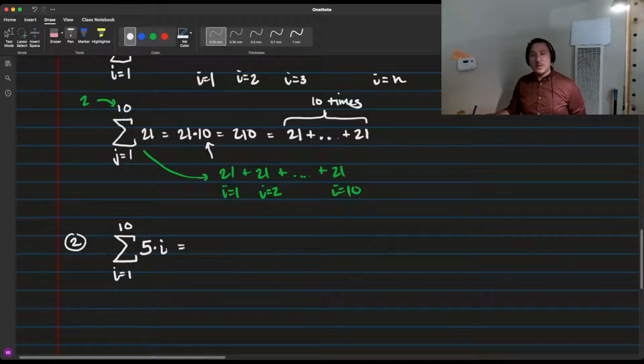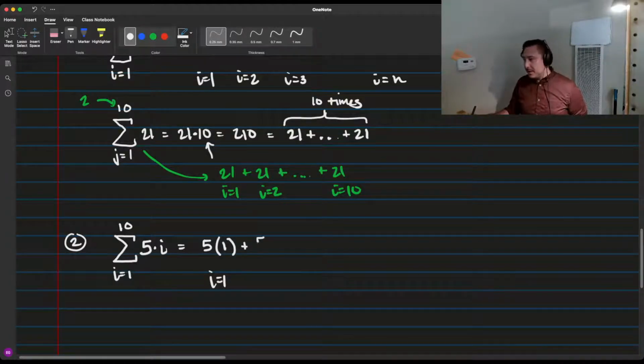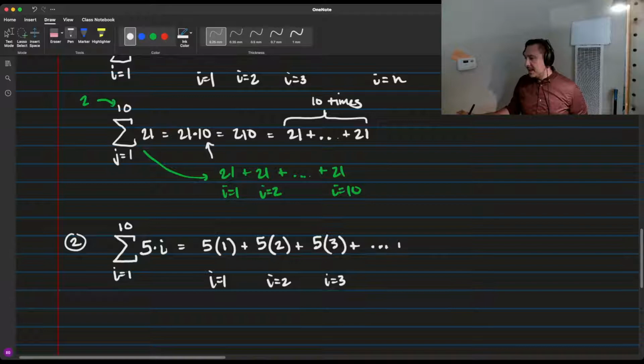So if we were to expand this, you would plug in i equals 1, so you get 5 times 1, plus 5 times 2, plus 5 times 3, and I'm going to put dot, dot, dot. The last one is going to be plugging in i equals 10, so you get 5 times 10.